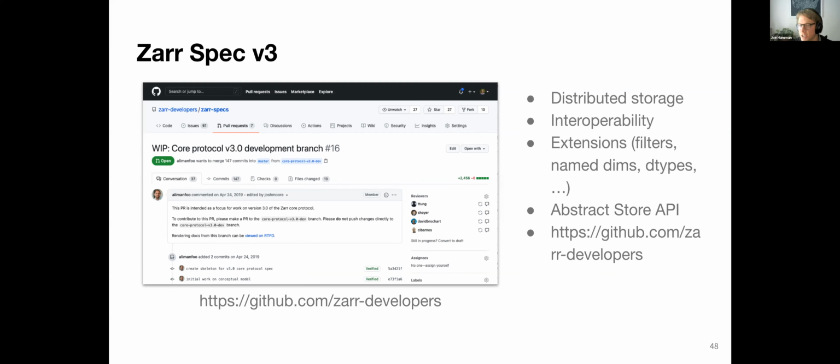An extensions framework is being developed to allow for custom filters, maybe named dimensions, custom data types, etc. And there are a few other pieces being added to the spec. The last one that I wrote down here is an abstract store API that defines the characteristics of a store.